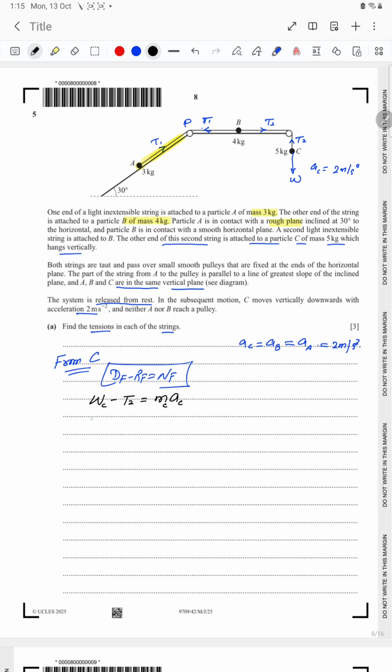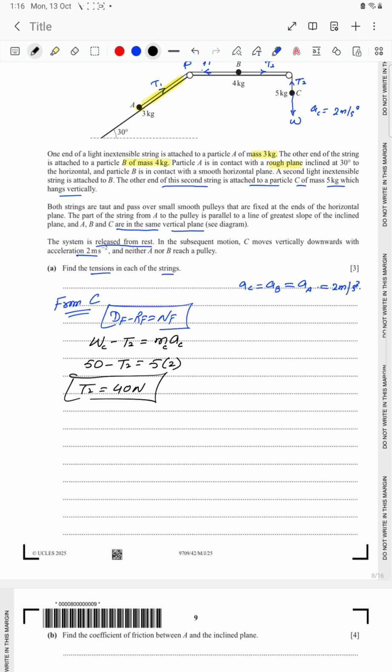So weight is, C has 5 kg, so mg will be 50, minus T2 is equal to 5 times 2. So T2 you can calculate: 50 minus 10 is 40 Newton. This is the tension on the string which is attached to B and C. Okay, I hope it is clear.